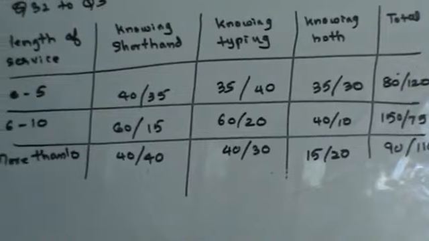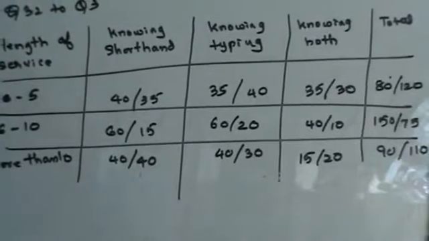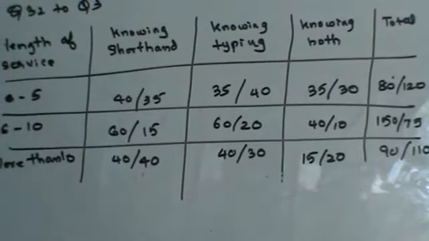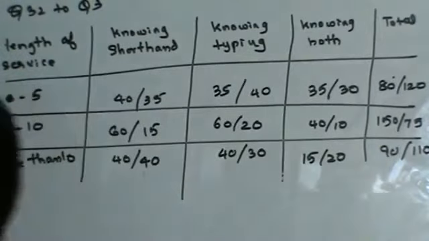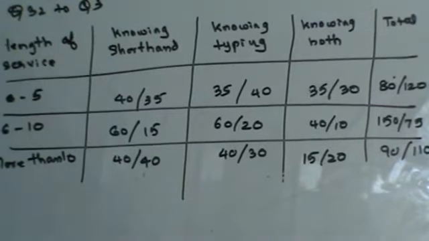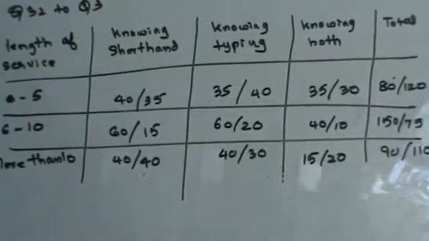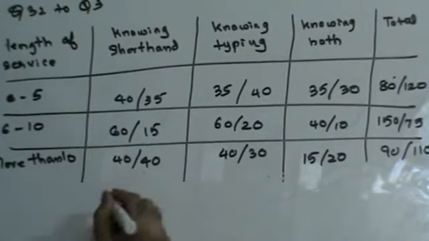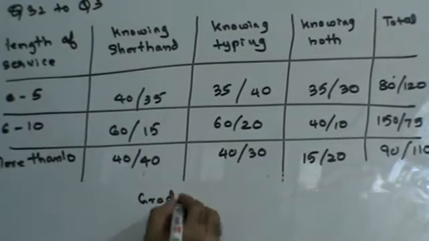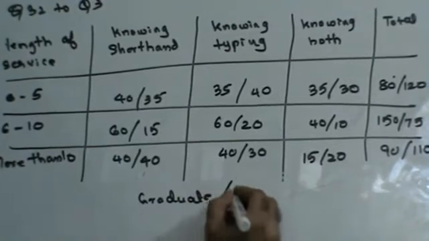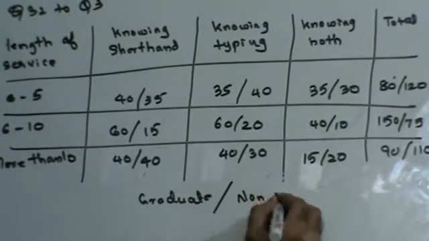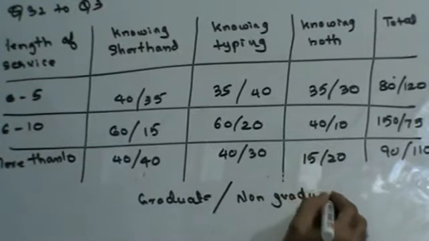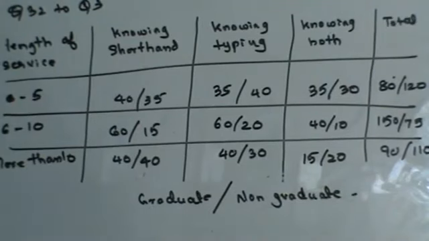Now, they've given you length of service, people who know shorthand, people who know typing, and they've given you a key here. The key is graduate/non-graduate. That means the data given here is for graduates and non-graduates.